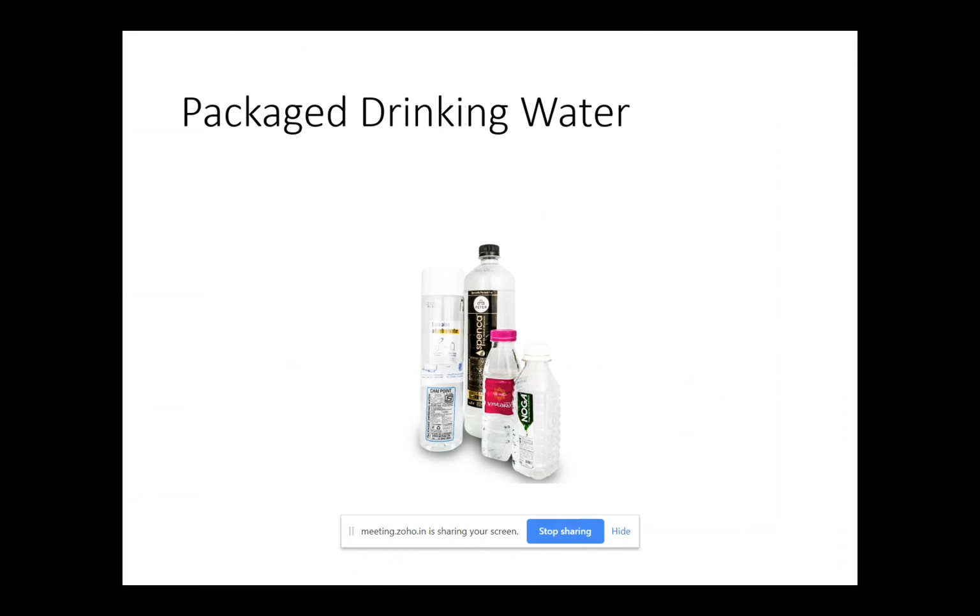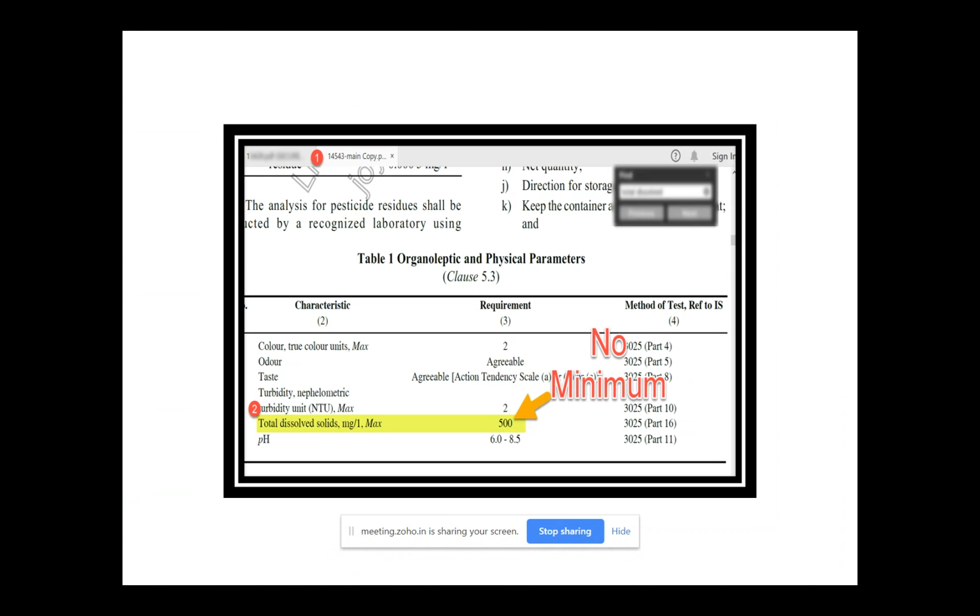So what is BIS? BIS is the Bureau of Indian Standards. It gives various standards, even for water. For packaged drinking water, the standard is here, a picture from the standard.